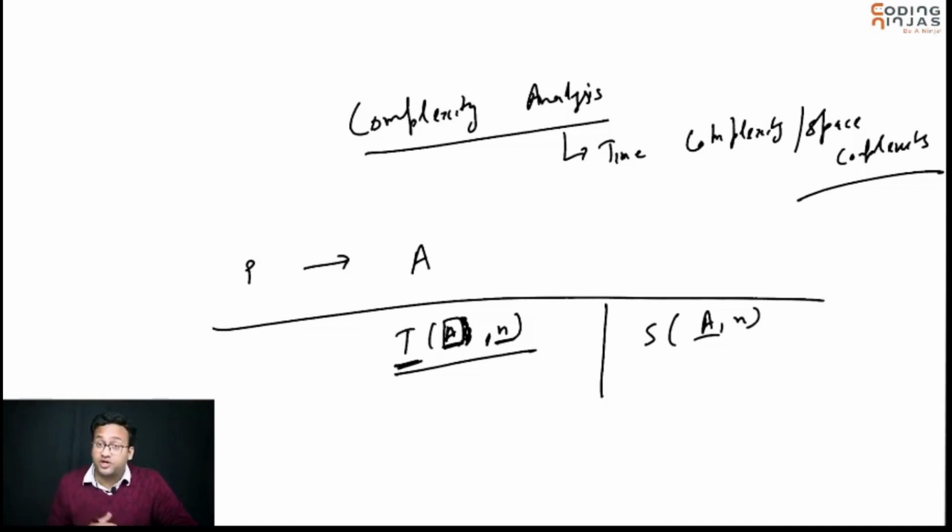It's very important that we reach here because that's the only way we will be able to figure out which algorithm is better, how good or bad a particular algorithm is, and that's going to help us make the right decisions. Whenever somebody asks you to solve a data structures or algorithmic problem, in all likelihood, as soon as you give a solution, their next question is going to be, what is the time complexity of your solution?